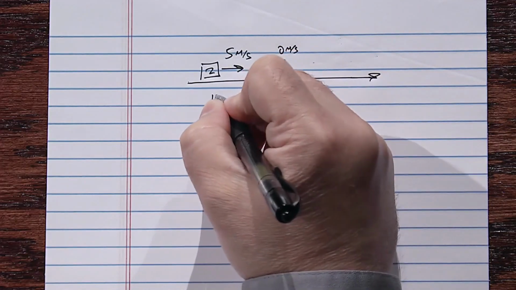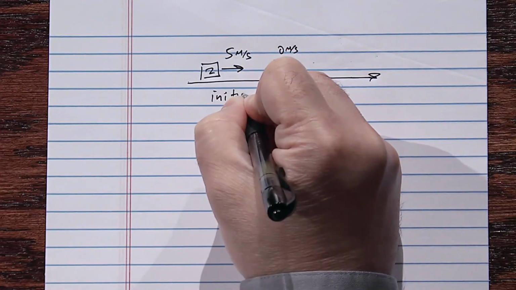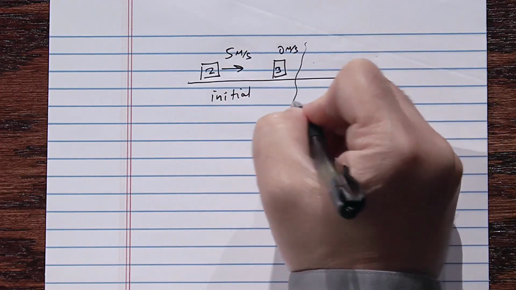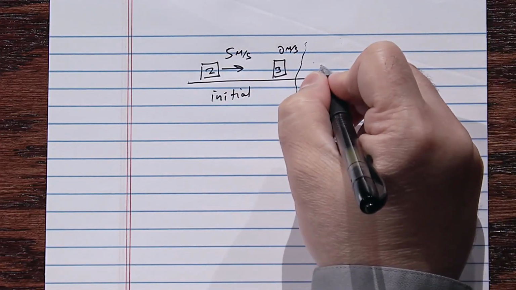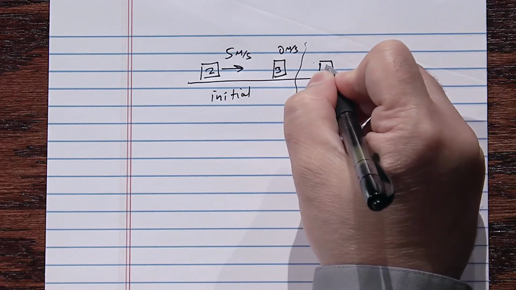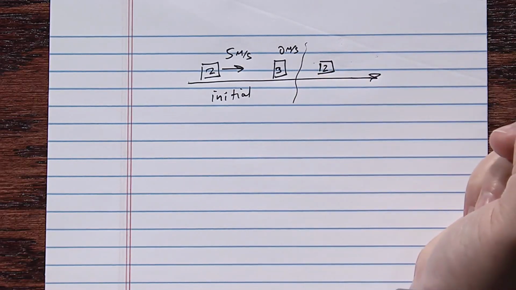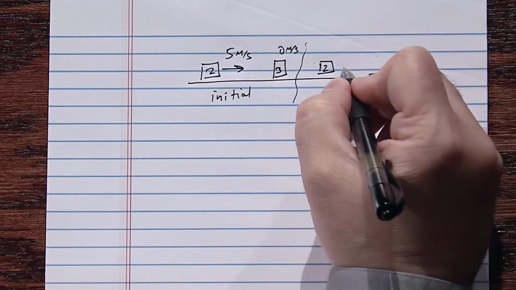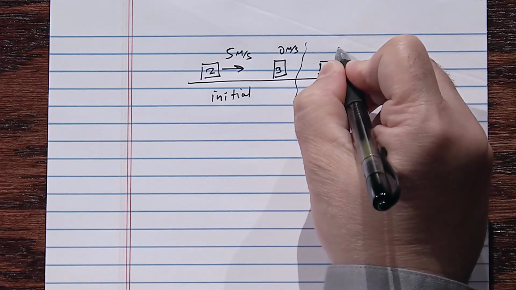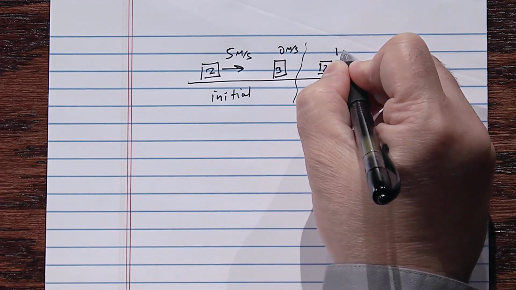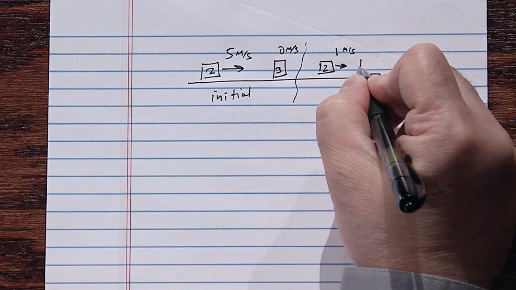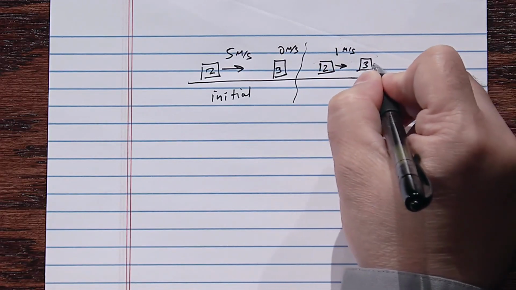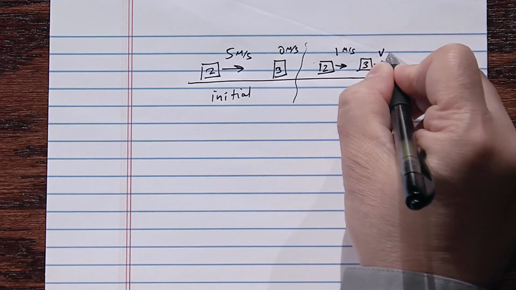So that's our initial situation. And it collides, and after the collision, they do not stick together. So our 2 kilogram mass, let's say, is now moving at 1 meter per second, and our 3 kilogram mass is moving separately at some v final.